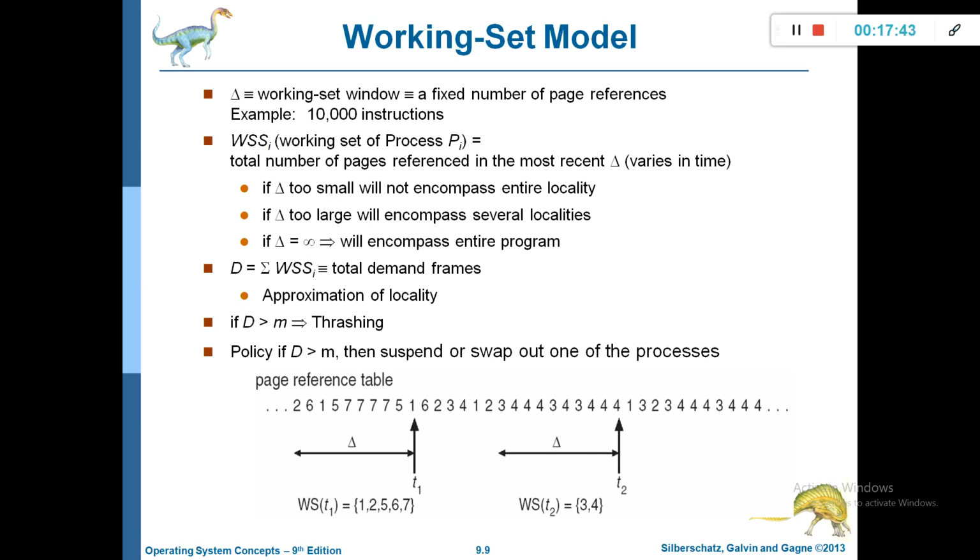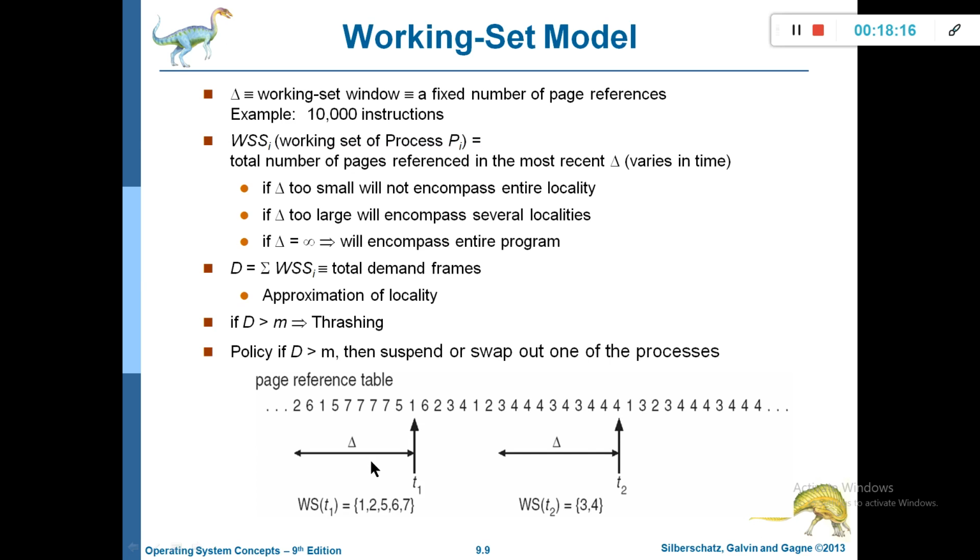Here is one formula: D is equal to the sum of WSSi, the total demand frames, which approximates locality. Now when does thrashing occur? If D is greater than m, then there is thrashing.